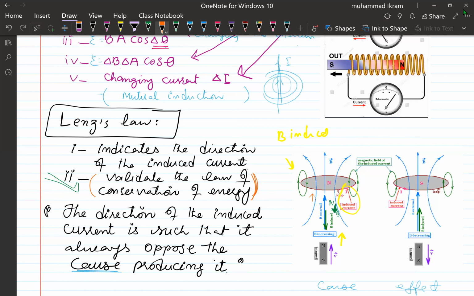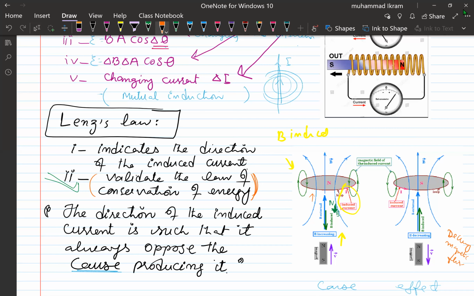But when you move the magnet away, still you will feel resistive forces in your hand. It will not allow you to take the magnet away. Why? Because this time, before there was increasing magnetic flux, now there is decreasing magnetic flux. And as I told you, decreasing magnetic flux also produces induced EMF, but in the opposite direction.